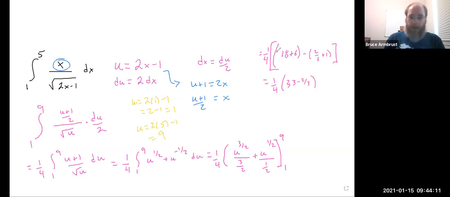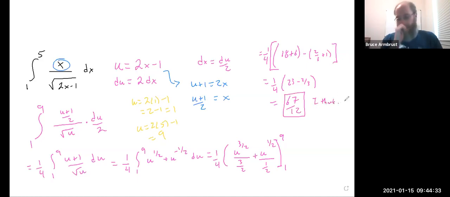That should be a 23, not a 33. Let's see, so that's 67 thirds divided by 4, I think is 67 twelfths. I kind of sped through the arithmetic there, so hopefully that's our value.